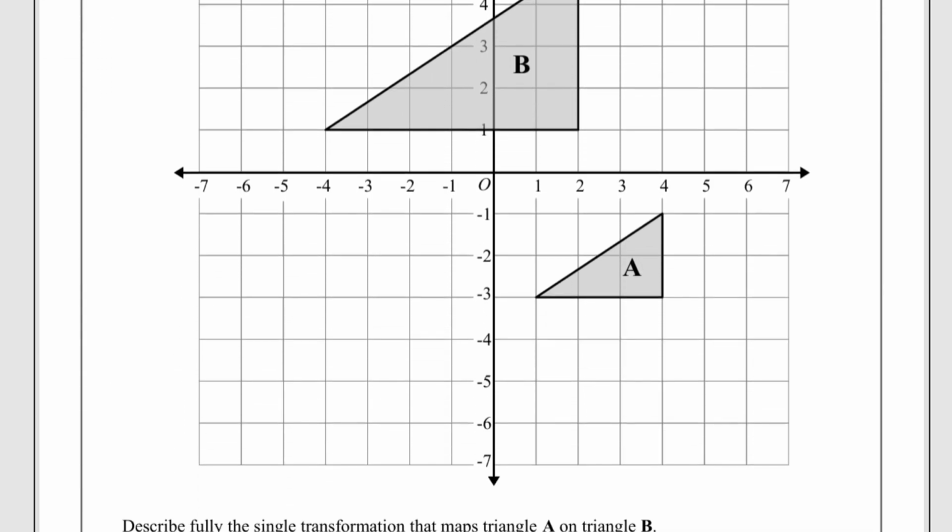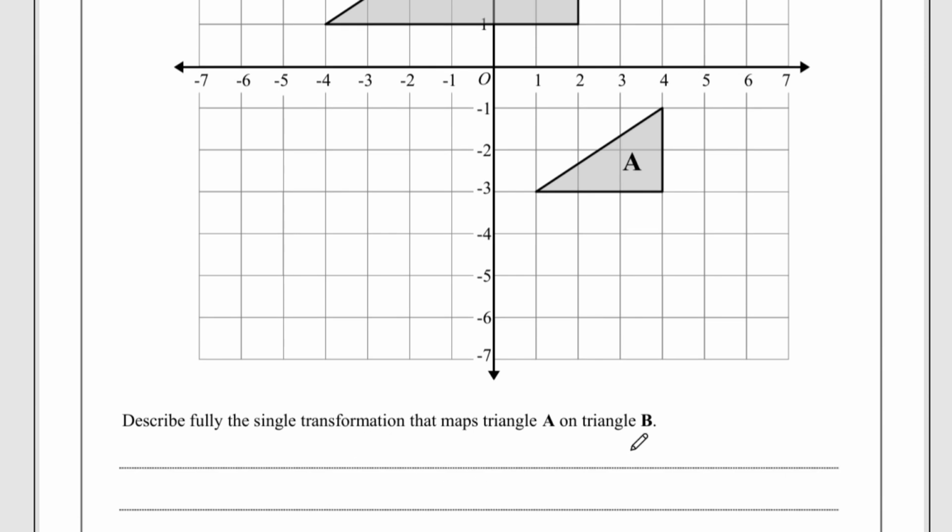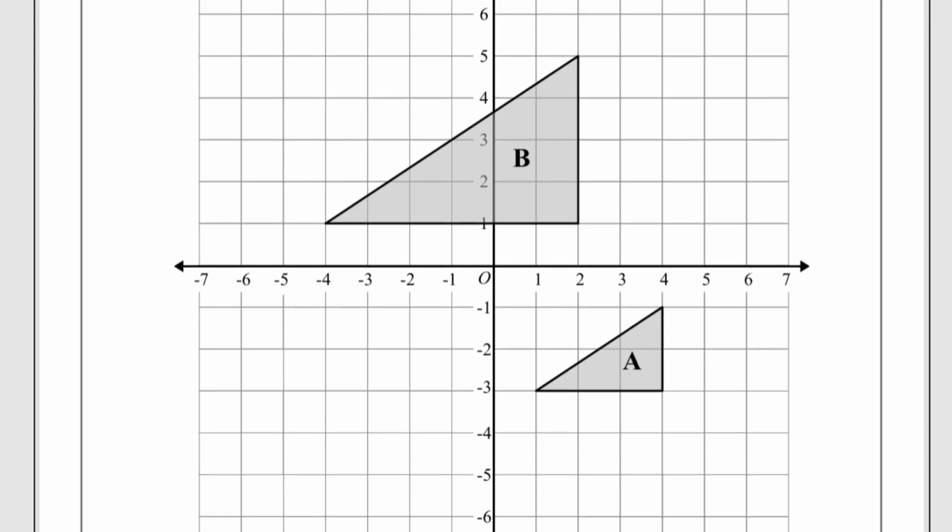All right, so the next question, 13. The question is describe the transformation that maps A to B. What is the transformation? From A to B, you can see that this is an enlargement, because B is bigger than A. Now, if you look at this, this side is 2, and this side is 4.